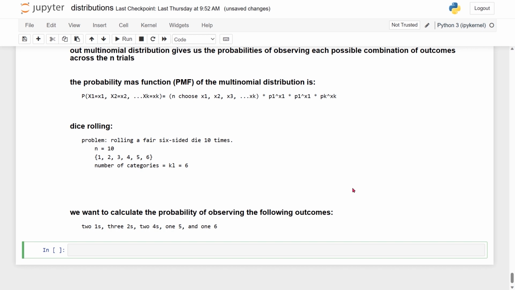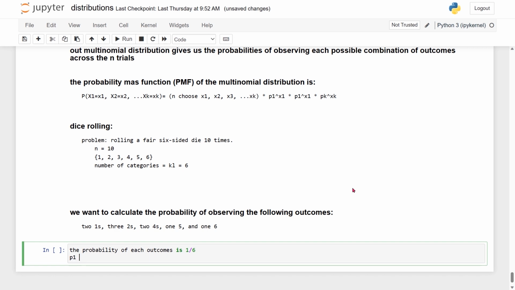To calculate this probability, we need to determine the probability of each outcome and then apply the multinomial distribution formula. Since the die is fair, the probability of each outcome is 1 divided by 6. So P1 is 1 by 6, P2 is 1 by 6, P3 is also 1 by 6, and P4, P5, and P6 are all 1 divided by 6.